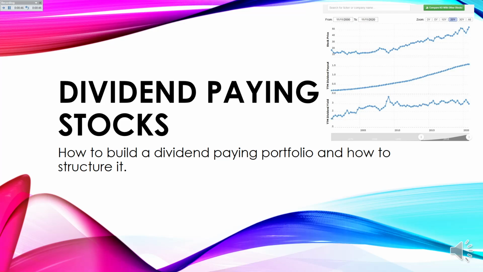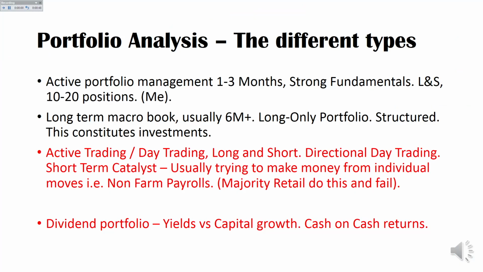Let's jump into it, and I'm going to explain the different types of portfolio analysis and the things that we look at. The first type is what we call active portfolio management. These positions are usually 1 to 3 months on average. These could be positions in the currency market, the bond market, equities, commodities, individual companies.